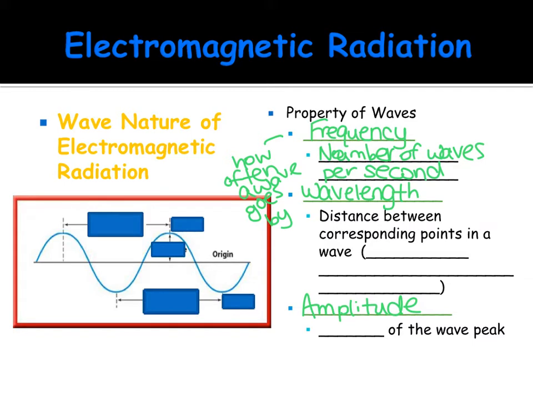The wavelength is the distance between corresponding points in a wave. This distance can be either crest to crest, which is the top, just like the crest of a wave in the ocean, or trough to trough.